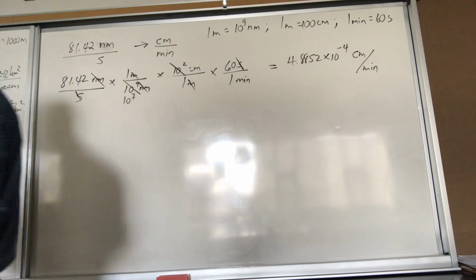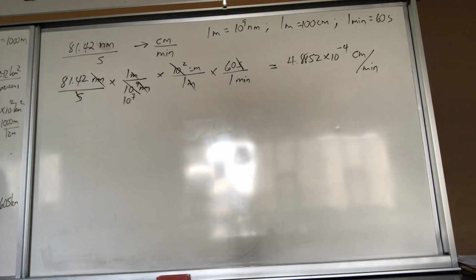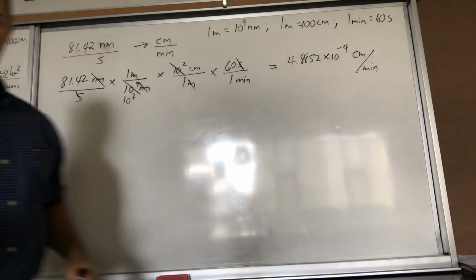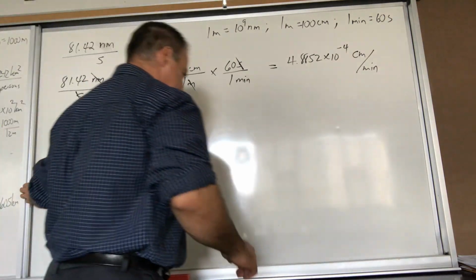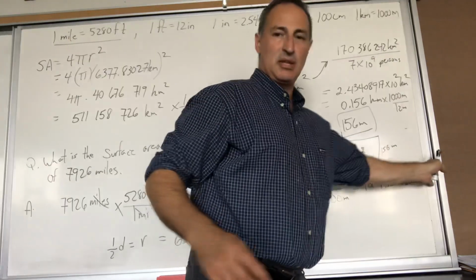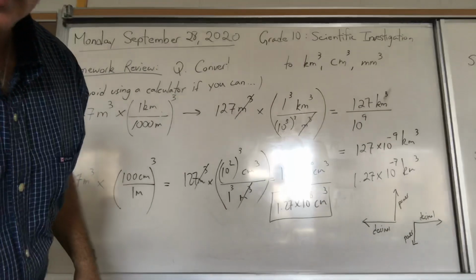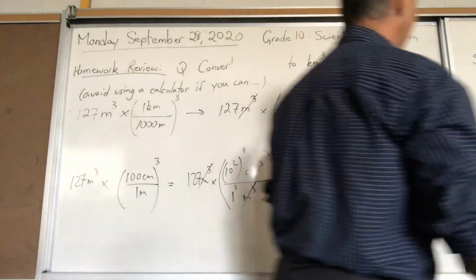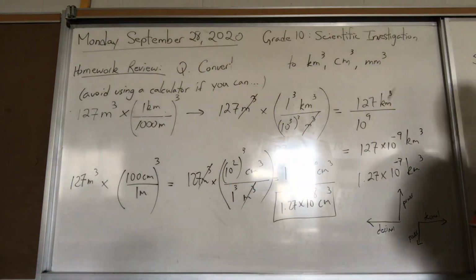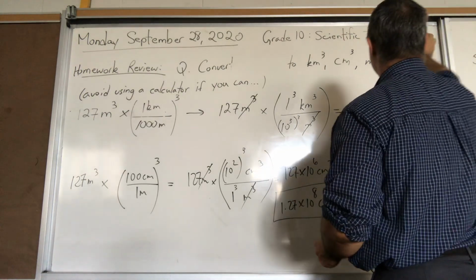Next thing is to find the surface area of the Earth. I'm going to start you off on this board. The answer is going to be there. Don't look, don't look. Ooh. All right, go like that. Then we'll erase this side so I can ask you a question.